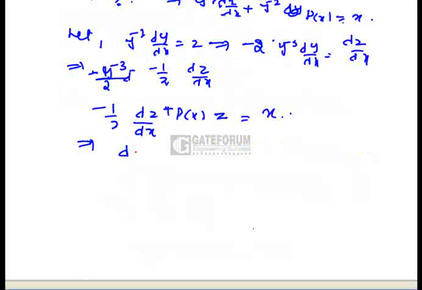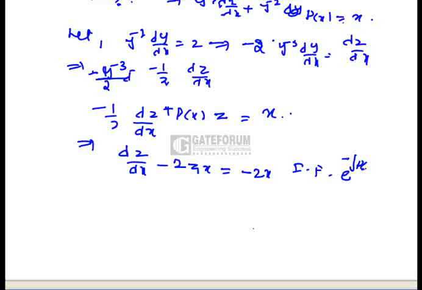Now this can be written as dz by dx minus 2zx is equal to minus 2x. Now clearly it is in the form of a first order differential equation whose integrating factor will be e power minus p of x dx.